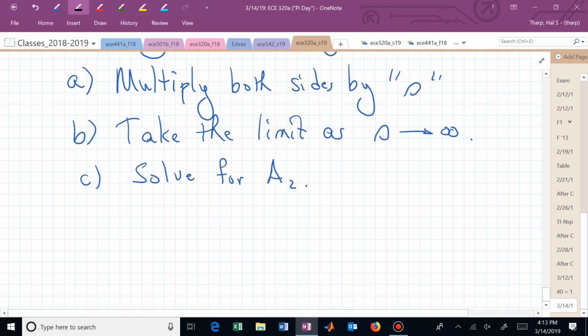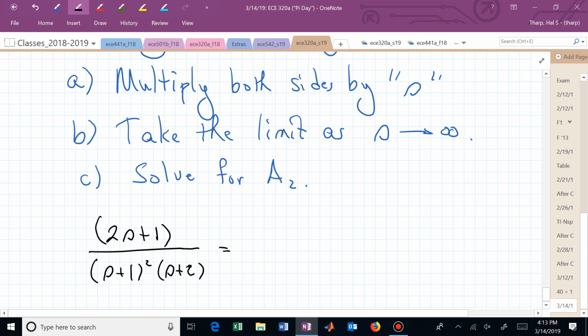We had 2s plus 1 over s plus 1 squared times s plus 2. And the very first step, we said multiply both sides by s, so I need to multiply that by s. Let me try to emphasize that. Can you see the different colors? So here's blue, s, and then the other was what we started with.